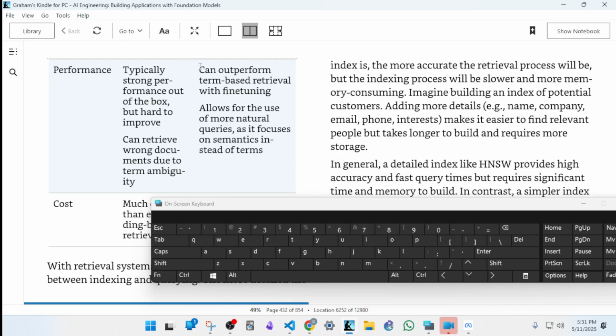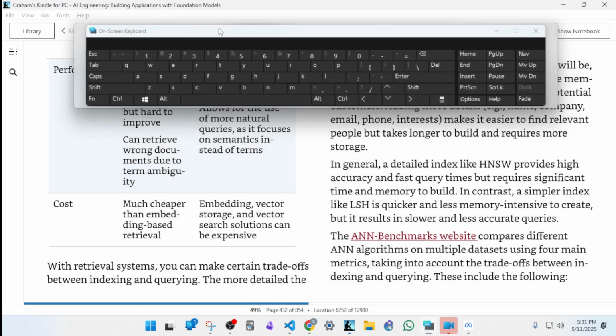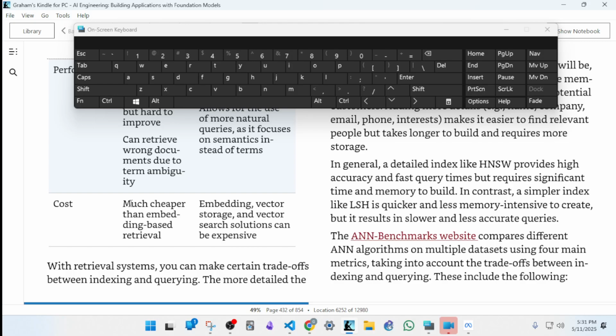Embedding-based retrieval can outperform term-based retrieval with fine-tuning. It allows for the use of more natural queries as it focuses on semantics instead of terms. The final factor to consider is cost. Term-based retrieval is much cheaper than embedding-based retrieval, where embedding vector storage and vector search solutions can be expensive.